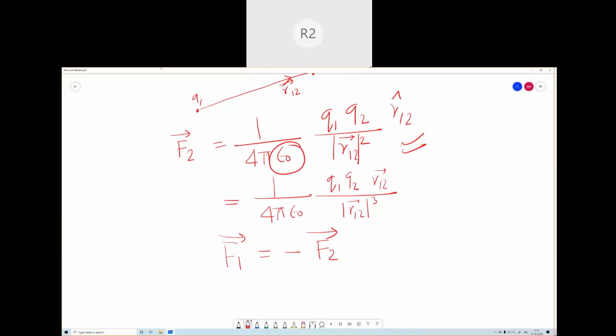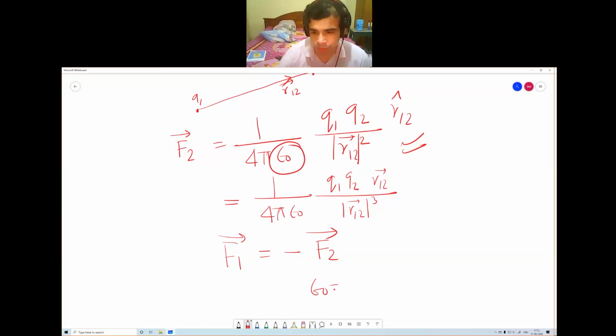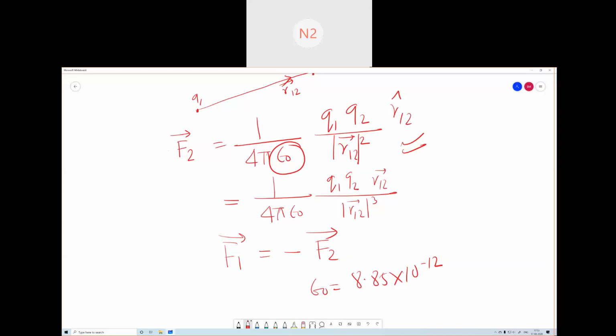But what are the units? Anybody? What is the unit of epsilon? Joule second. Any other?